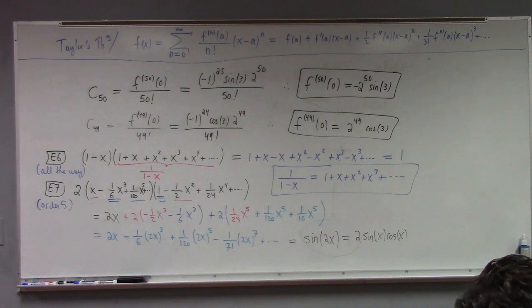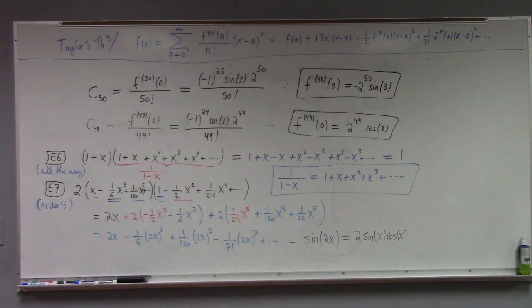Here's a thought. You could prove trigonometric formulas by multiplying series. Suppose you didn't know that the sine of 2x is 2 sine x cosine x. You could derive it by multiplying these series. I don't think that would be a very efficient derivation, but it's something you could do. All right.